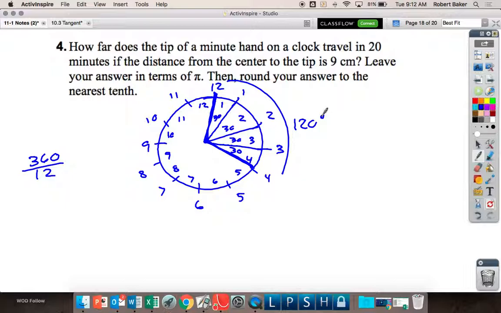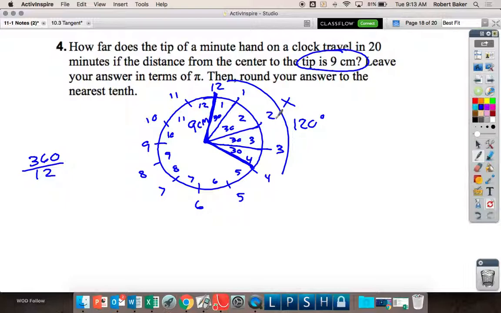So, do I know how long the clock hand is? 9 centimeters. That becomes the radius of my circle. 9 centimeters. So this length or distance is undescribed.